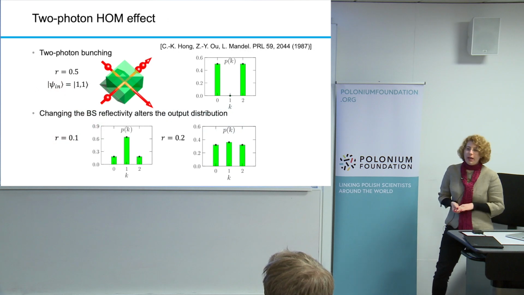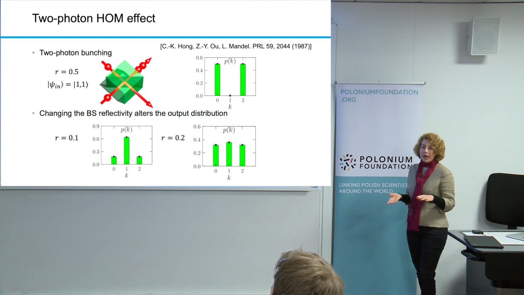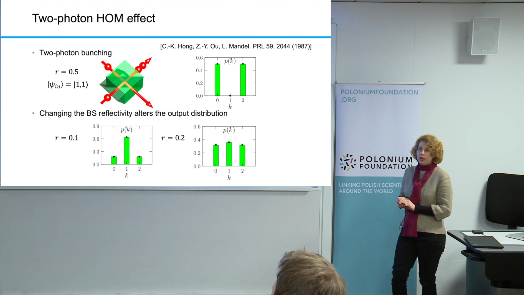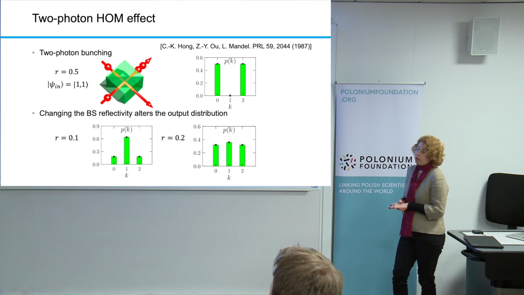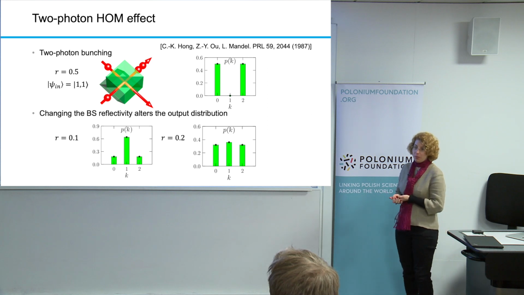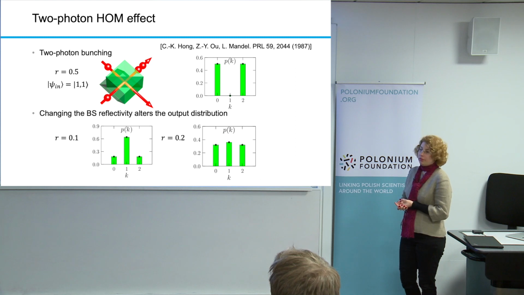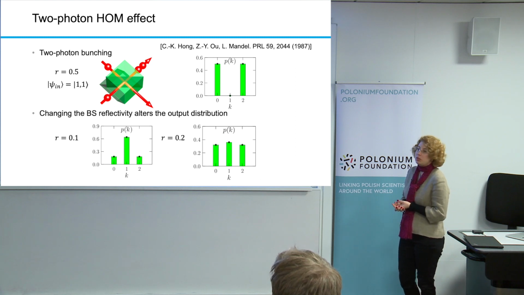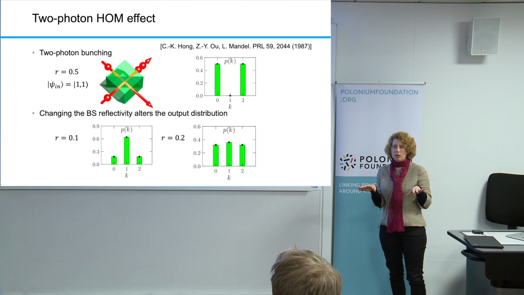All this is based on the so-called Hong-Ou-Mandel interference, one of the key phenomena in quantum optics. This was first described by Mr. Hong, Ou, and Mandel in their paper, I think in '87. And what they noticed is that if we have a beam splitter, are we familiar with a beam splitter?